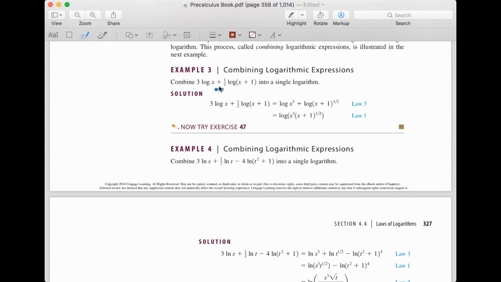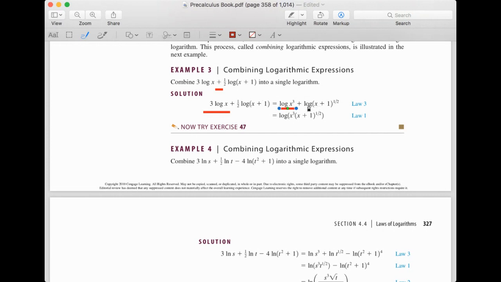So we want to combine this into a single log. First we have this 3 before the log, and this 1/2 before the log. We want to put this 3 back to be the exponent of x. So 3 log x we can write as log of x raised to 3. And this 1/2, we can write to be the exponent of x plus 1.